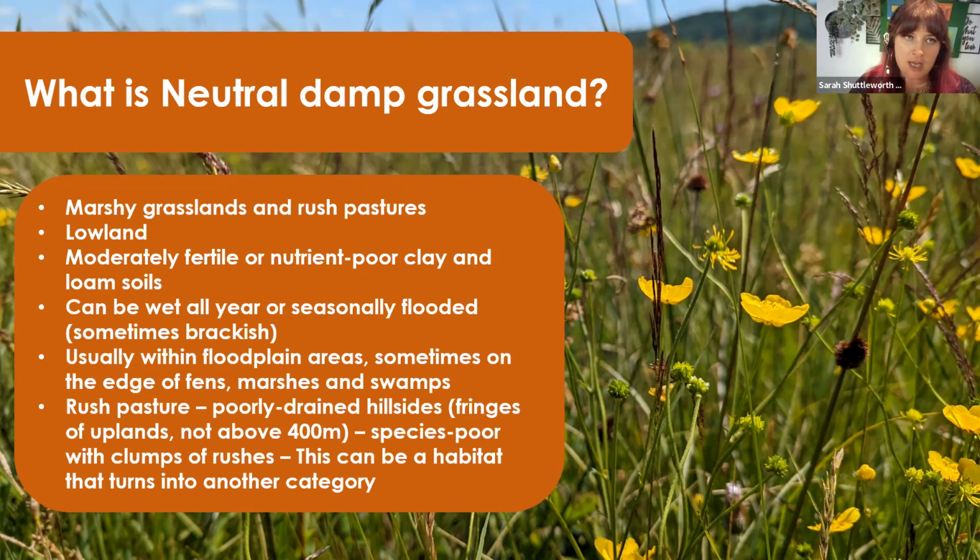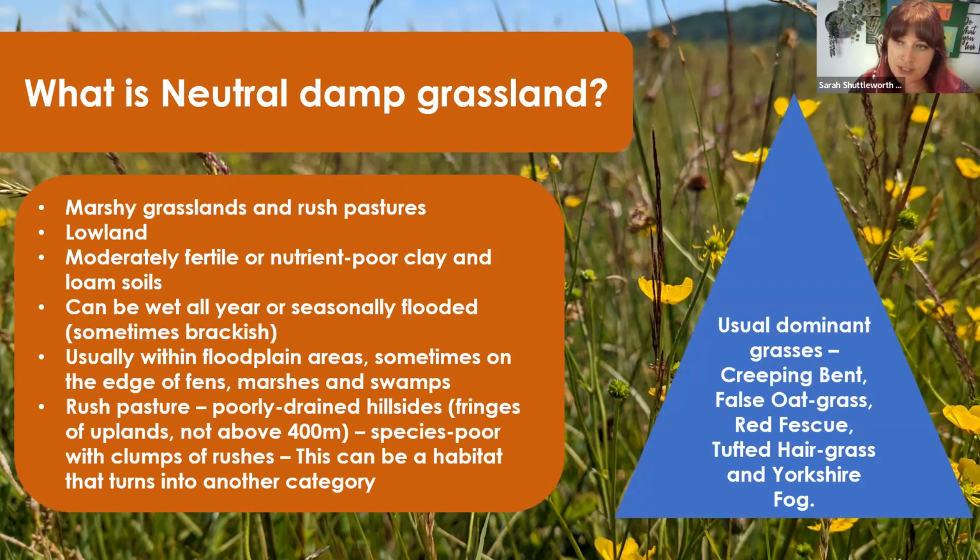So you'll be getting your OS map and seeing where you are height wise. And it's usually species poor rather than species rich, with clumps of rushes. But it is important to note that if you're potentially on peaty soils, then that won't necessarily be in this category. And I will go into that a little bit more in a minute.